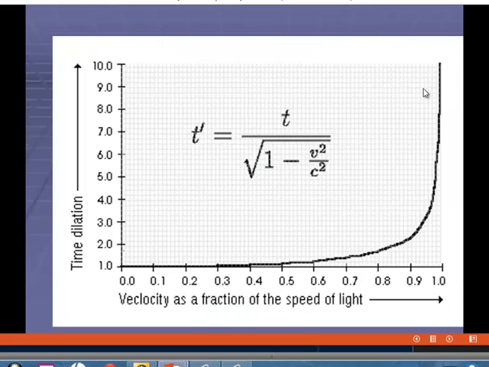So when plotted graphically, we have a graph a little bit like this. So time dilation, when we're talking about smaller values, is fairly insignificant. The closer we get to the speed of light, the greater the time dilation is. And that's the key feature we need to think about here. So this is a graph showing the amount of time dilation compared to the fraction of the speed of light.